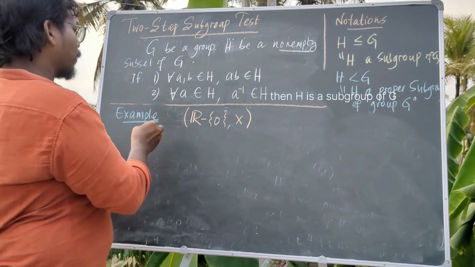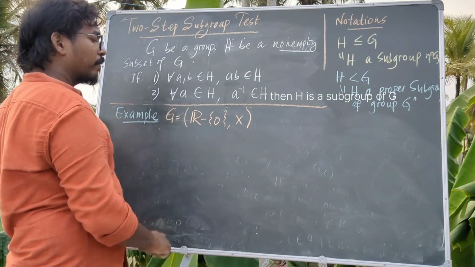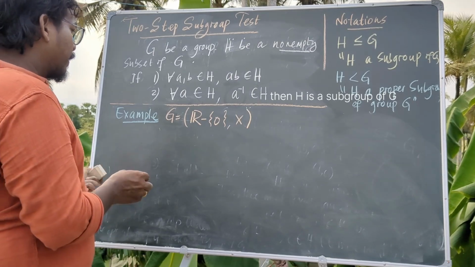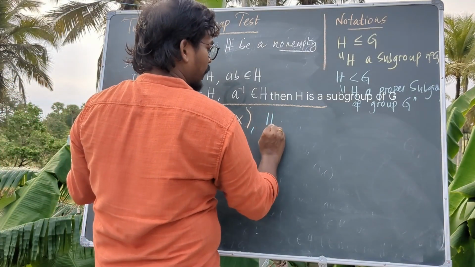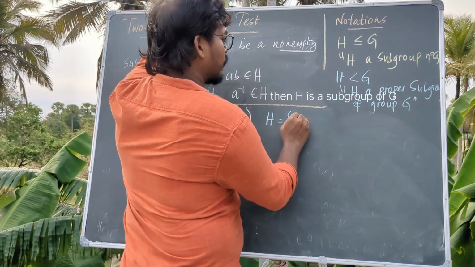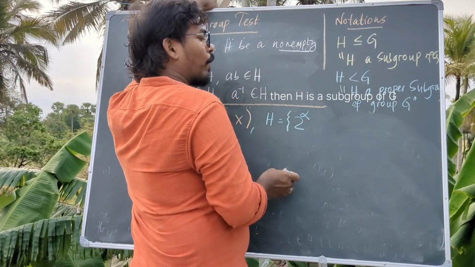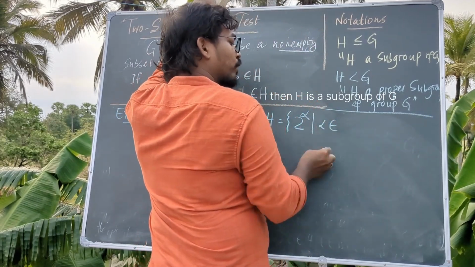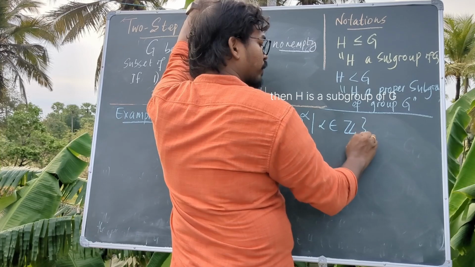We have seen this is a group, and I am taking our subset H with the set of all elements in the form 2 to the power alpha, for alpha belongs to the set of integers.